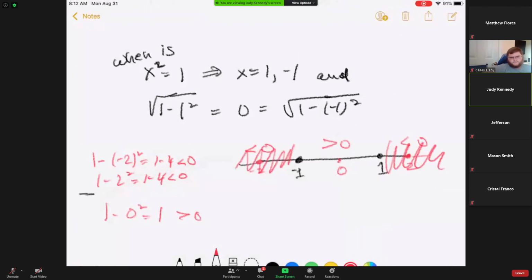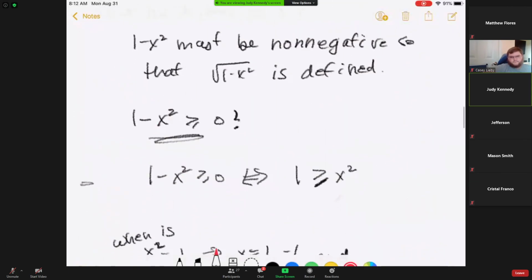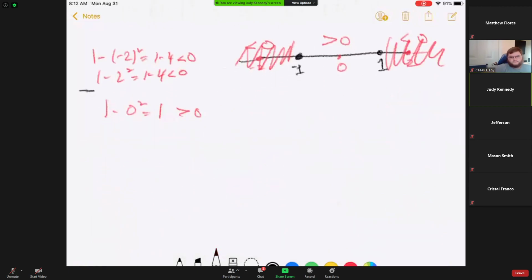Okay, so 1 minus x squared is greater than or equal to 0 precisely on the interval minus 1 to plus 1.